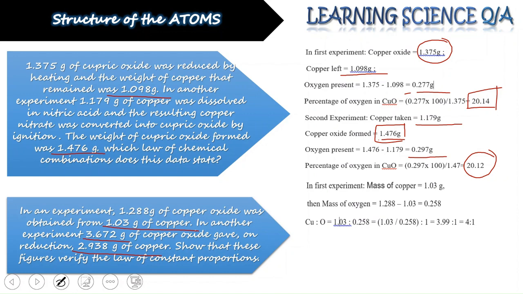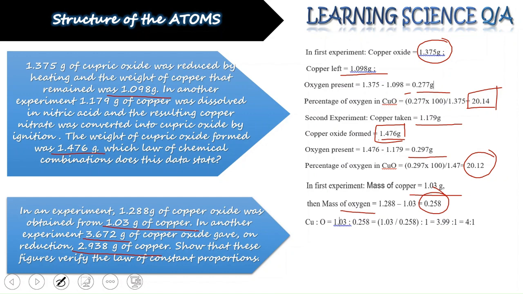So for the first experiment, the mass of copper is given as 1.03 gram and the total mass is given as 1.288 gram. So the mass of oxygen is calculated by subtracting the mass of copper from the total weight, which comes as 0.258 grams.